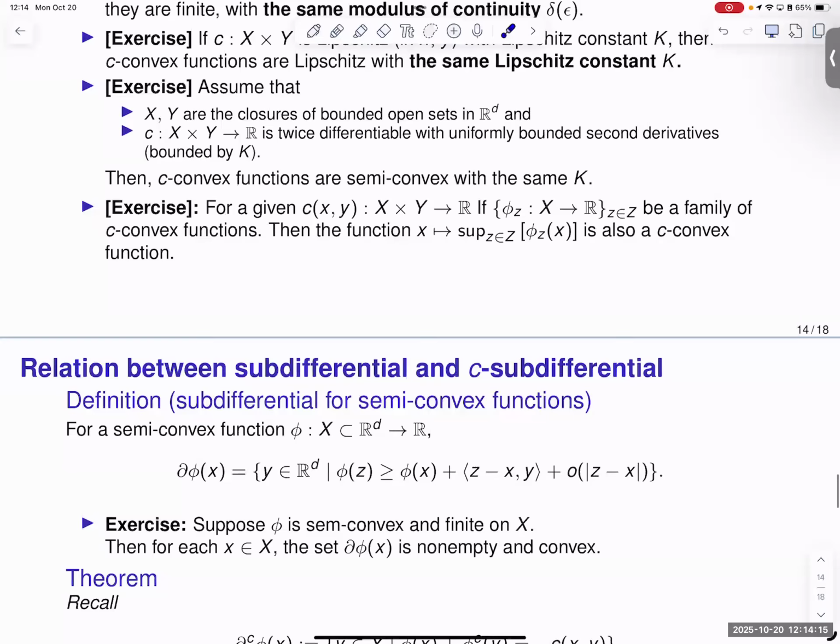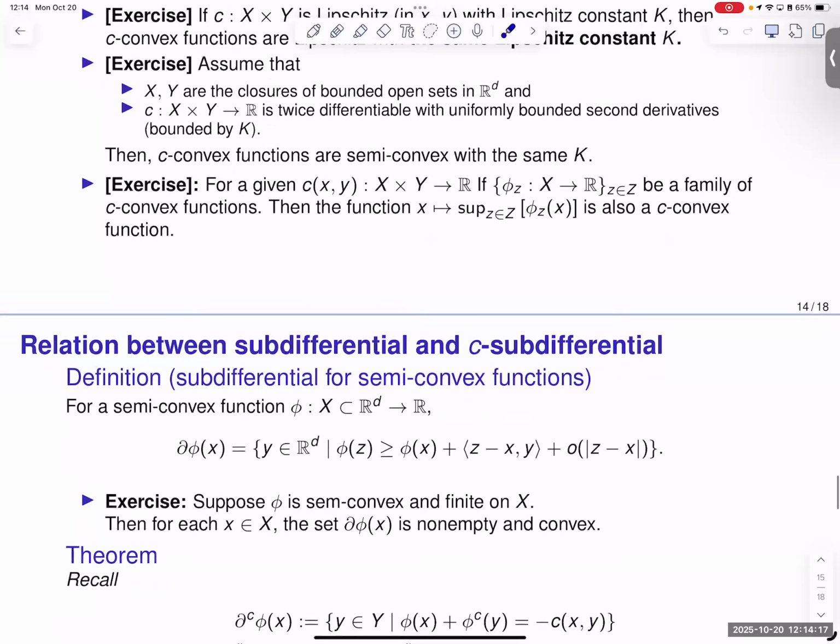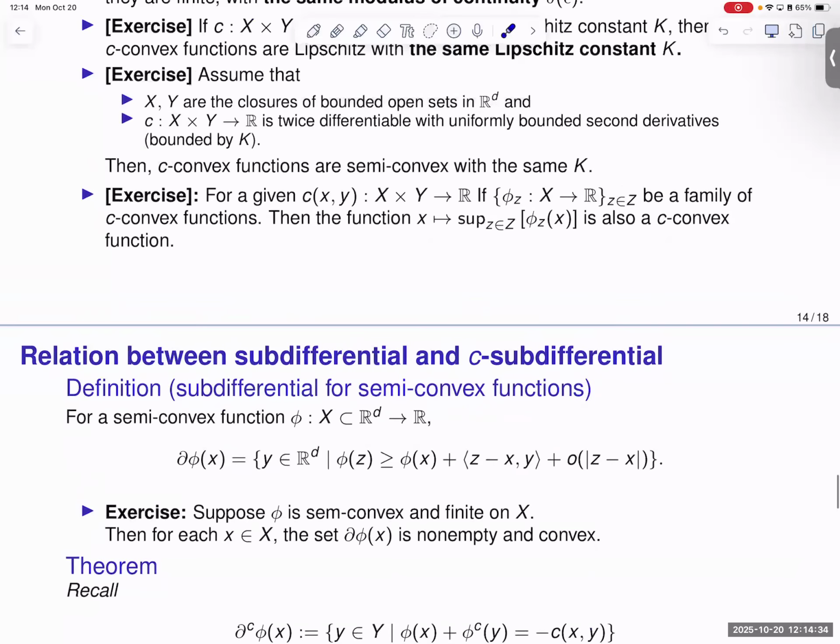Now you can consider the subdifferential also for semi-convex functions, because basically a semi-convex function is a convex function plus a twice differentiable function, right?